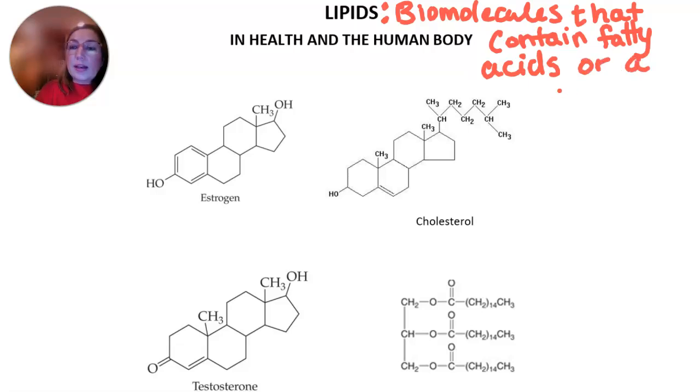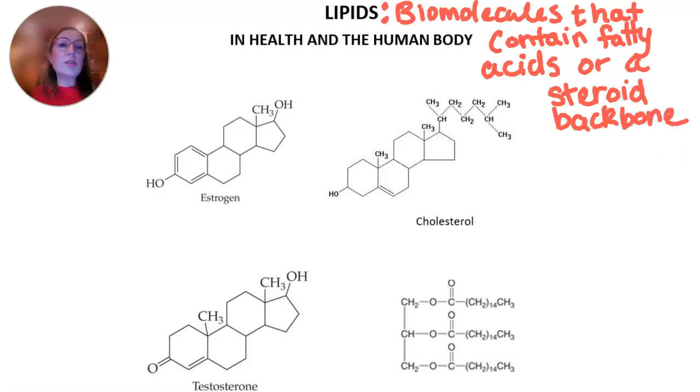Or they might have a steroid nucleus. I like to call it a steroid backbone. Some people might call it a steroid nucleus, but so much of it is just made up of that steroid portion that let's call it a steroid backbone.